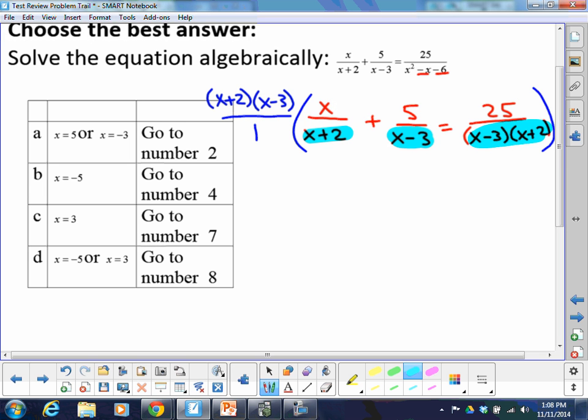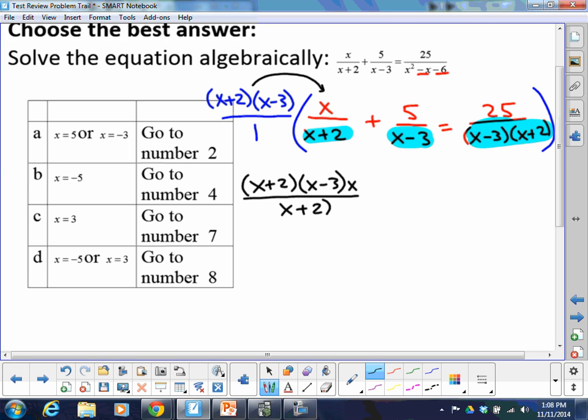So we can just multiply by both of them, and we should get a much nicer looking equation. So let's write it out if we were to multiply. It would be that times x minus 3 times x, and the first term was all over x plus 2, so the x plus 2s will cancel. The middle term then, x plus 2 times x minus 3 times 5, and that's all over x minus 3.